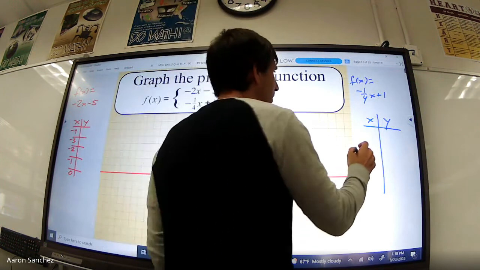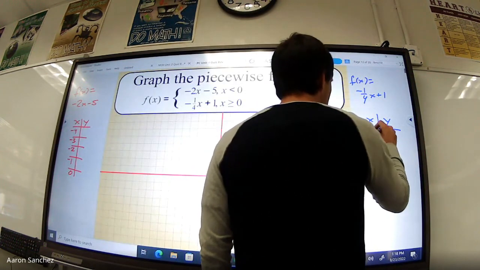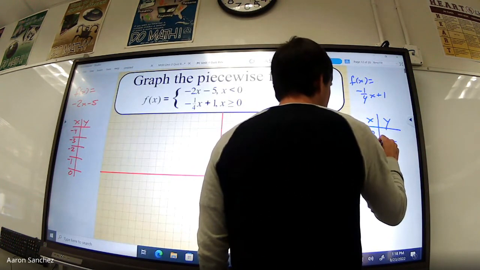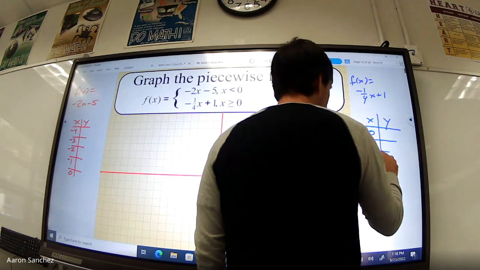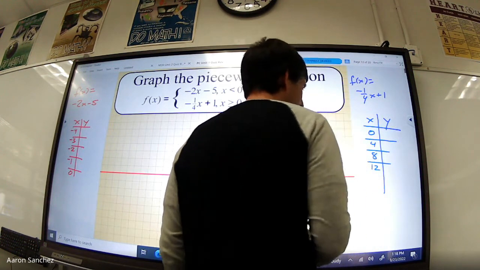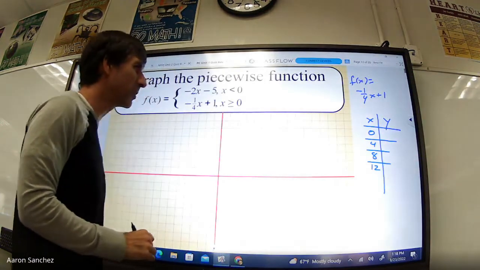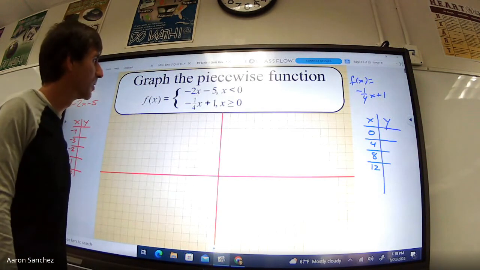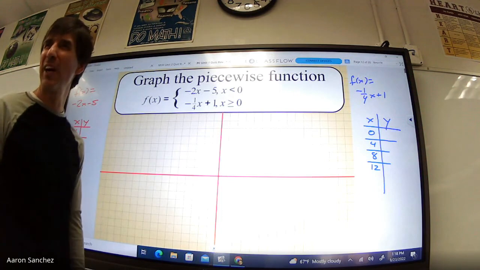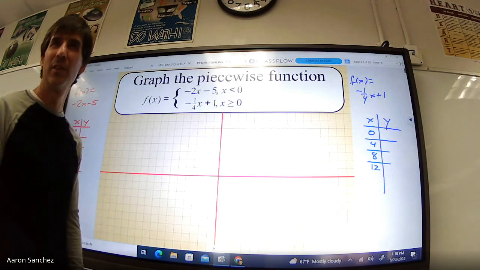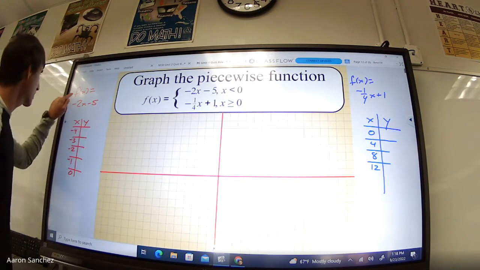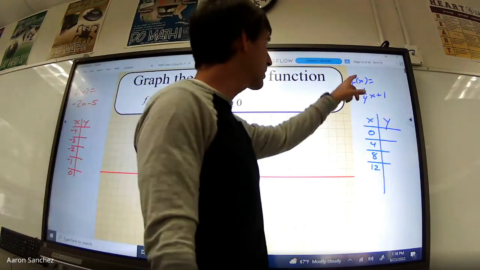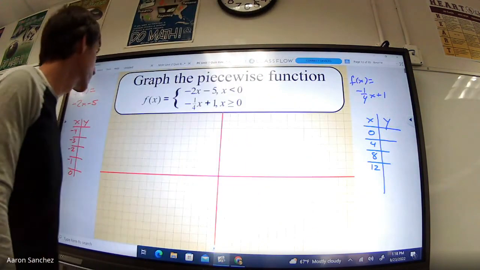So I'm going to do 0, 4, 8, 12. I might not be able to fit the 12 in. So this is x is greater than or equal to 0. Then you just plug the numbers in and graph. I plug these into this one and these into that one.